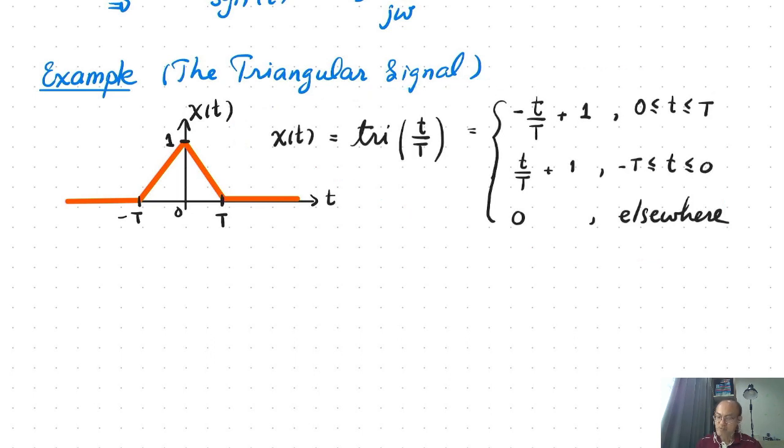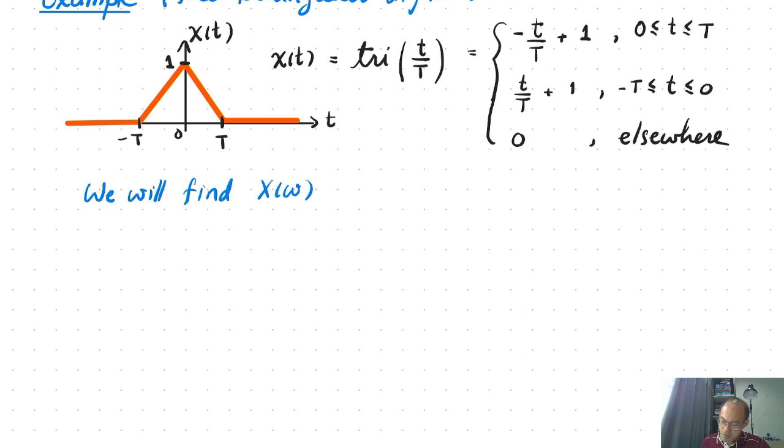Now we're going to try to find the Fourier transform of a triangular signal, that is, the spectrum of the triangular signal.